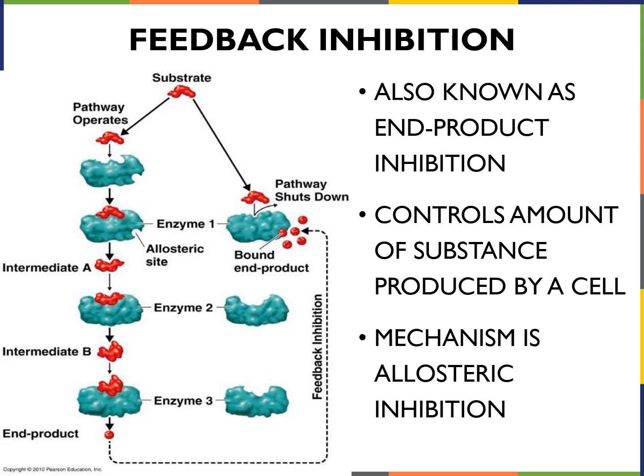Well, the end product looks like this. It started way up here at the top. The substrate looked like this. But with the help of those 3 different enzymes, each enzyme changed the substrate somehow, so that at the very end of the pathway, you're left with the end product.